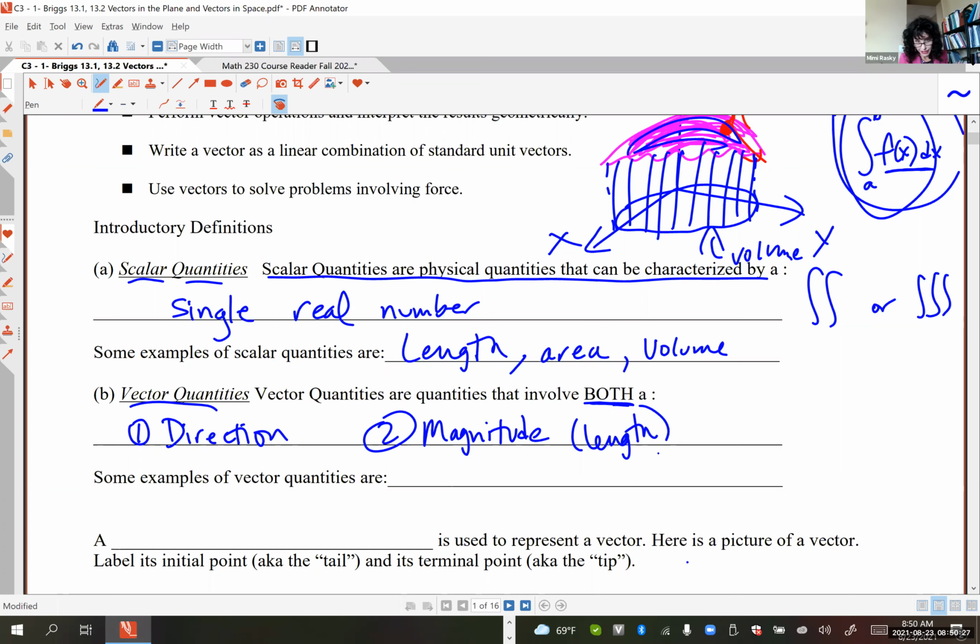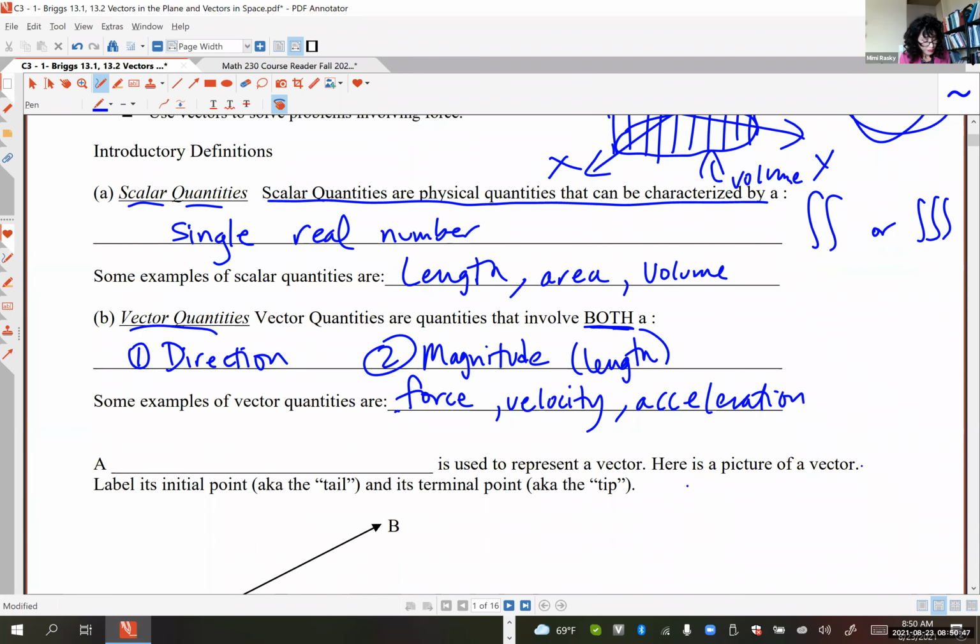And if you've already taken physics, good for you, because you probably know what the answers are here. Force is a vector quantity. Velocity is another example. Acceleration. Okay, fill those blanks in and let's keep going.